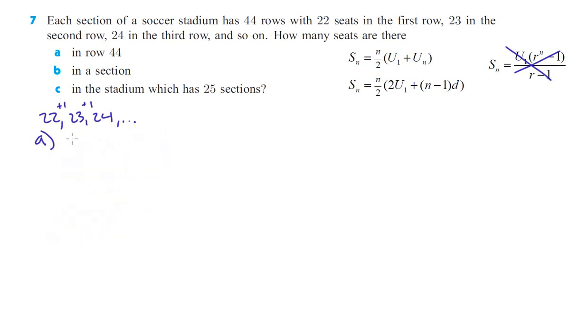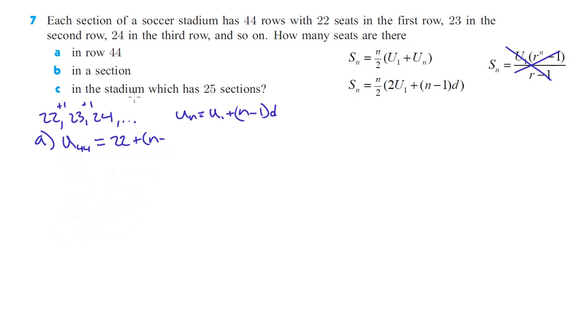So for A, to figure out how many are in row 44, we're going to do U sub 44 equals, and this is just our U sub n formula. U sub n equals U sub 1 plus n minus 1, all times d. So U sub 44 is going to be our first term, 22, plus n minus 1.